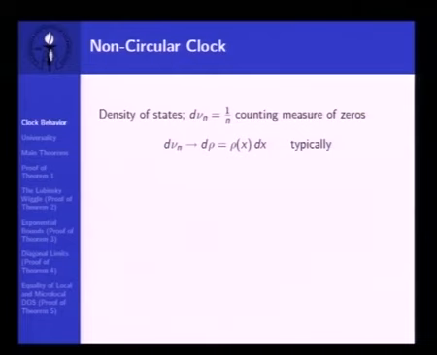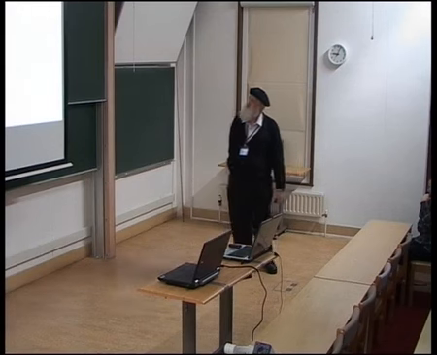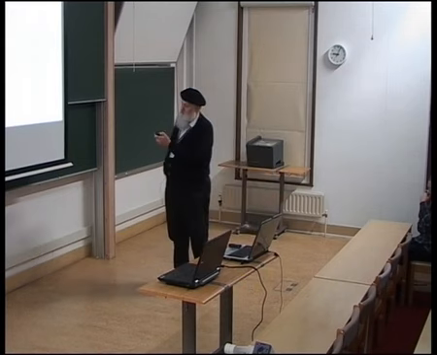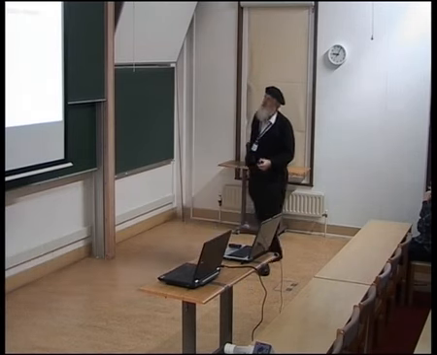There's a line, but it's not strict equal spacing globally, because, in fact, if there were equal spacing globally, the density of states would be Lebesgue measure, and the density of states, which I remind you is defined as the limit of the counting measures of zeros, converges not to Lebesgue measure, but to a multiple of Lebesgue measure.